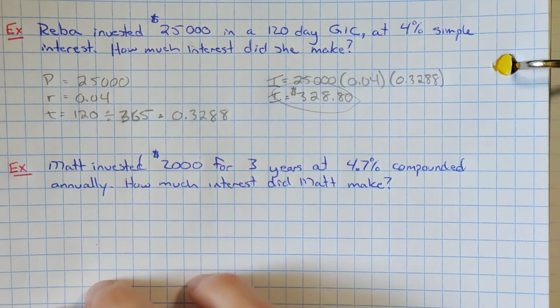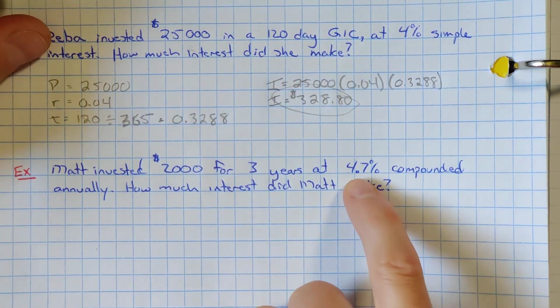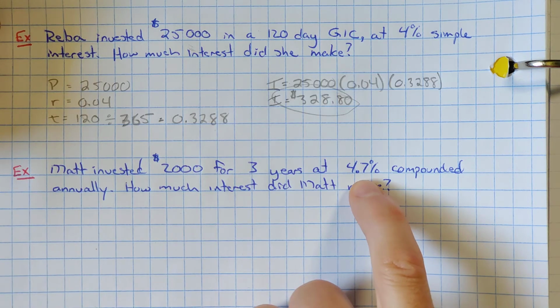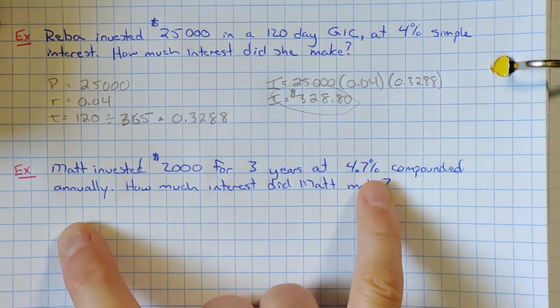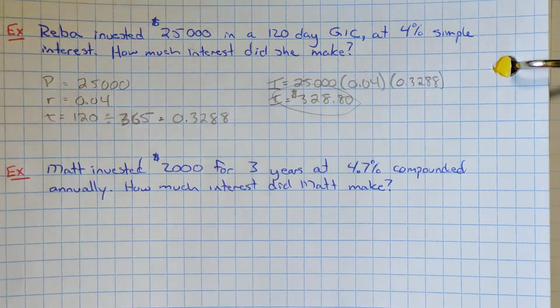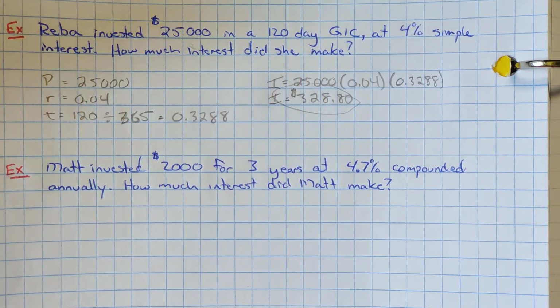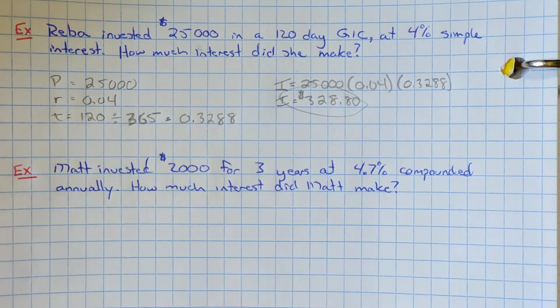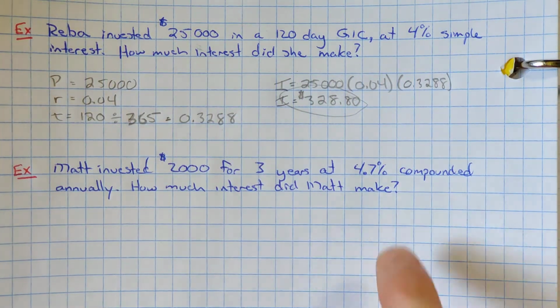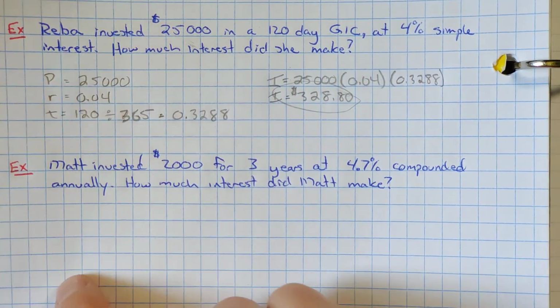Well, every year he's making 4.7%. And it's compounded annually, so that means that every year they're going to pay off that and then add that on. So compounded annually means at the end of the year we add on whatever interest we made.